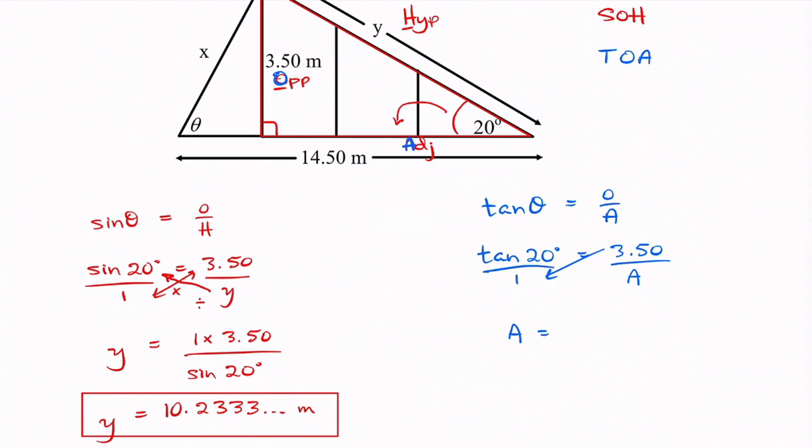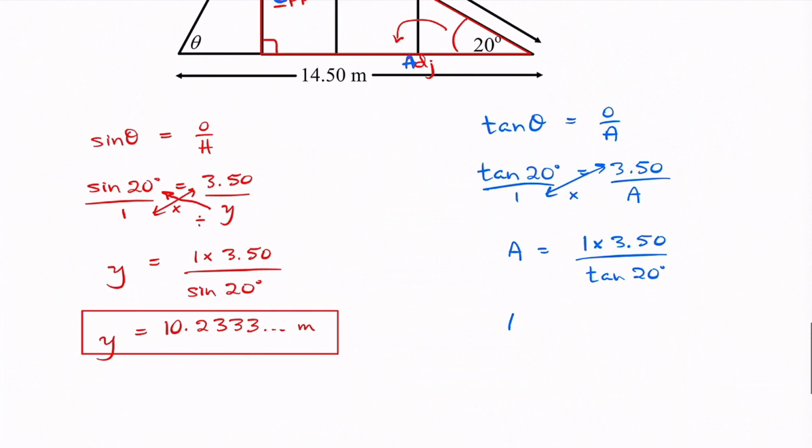So these two will be the multiply: 1 times 3.50, and then divide by that tan of 20. Okay, so putting that in my calculator, I'm going to get 9.6161 dot dot dot. There's more numbers after that.